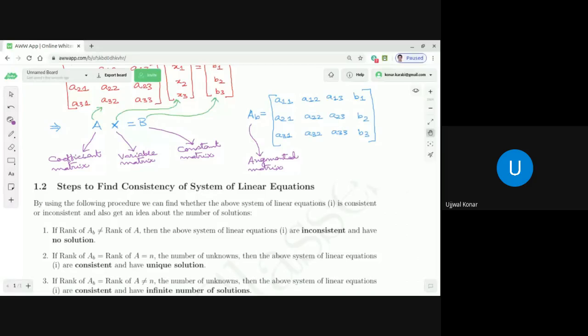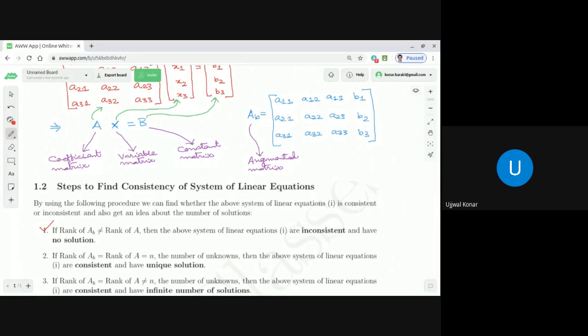Now, step 1: if the rank of the augmented matrix is not equal to the rank of the coefficient matrix, that means what? If the rank of AB, which stands for the augmented matrix, is not equal to the rank of A, the coefficient matrix, then the above system of linear equations is inconsistent and has no solution.